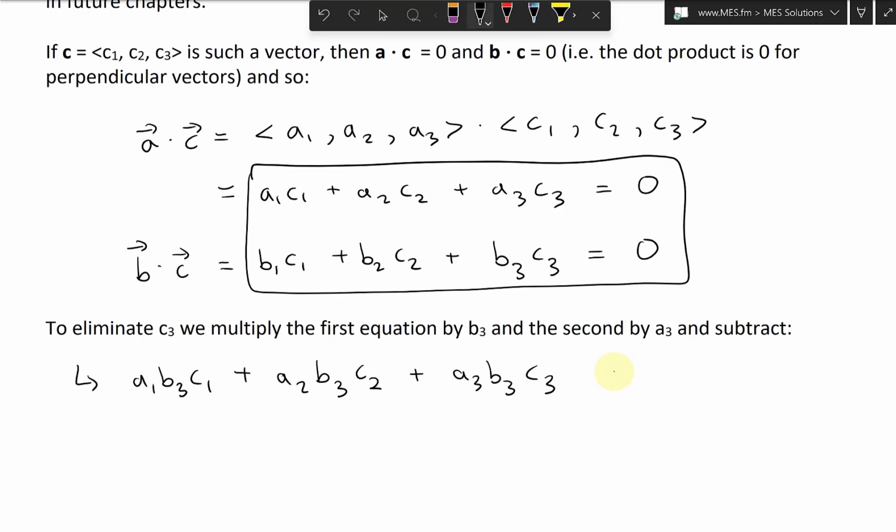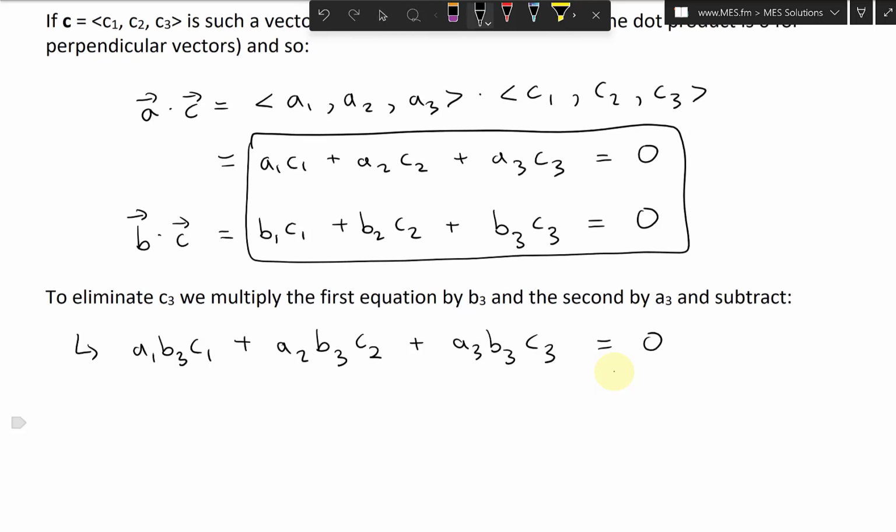Then we're going to be subtracting this whole thing from this one here, multiplied out. I'm going to write it like that so that it's all put together. The next one is B1 C1, but we're multiplying that by A3.